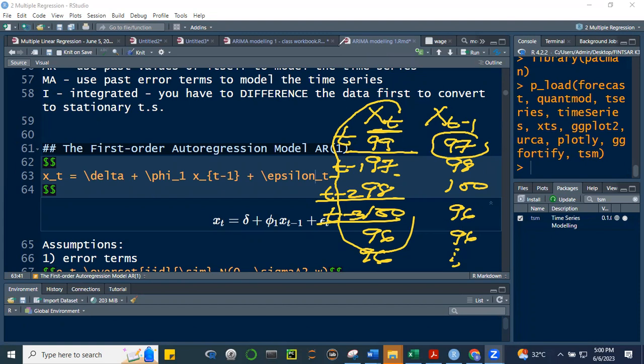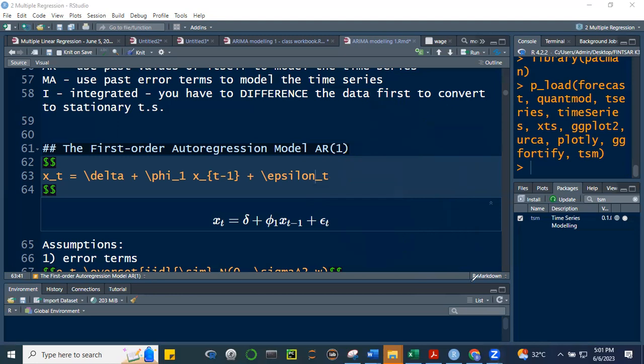An autoregressive model can work for a time series, but not necessarily for cross-sectional data. You won't hear of an autoregressive model in multiple linear regression. No such thing. I hope that's clear, class.